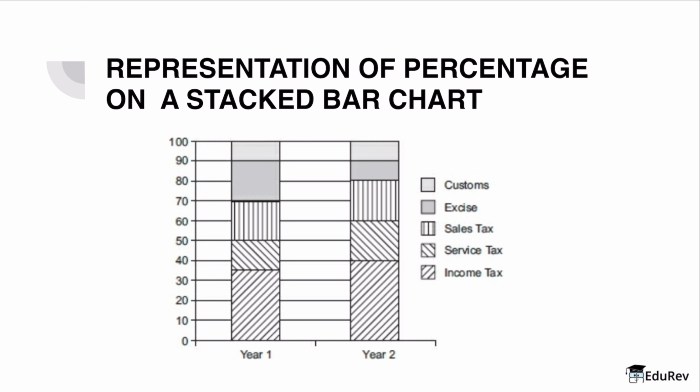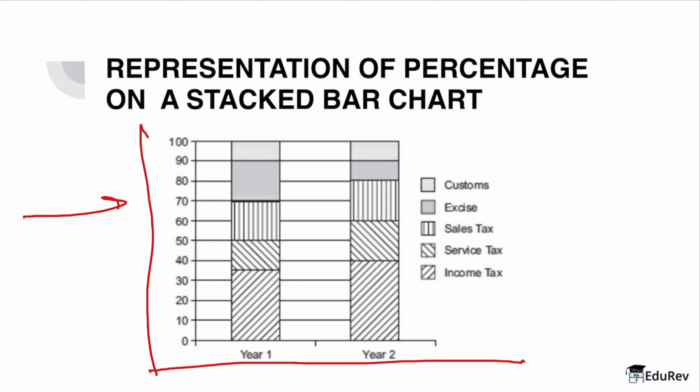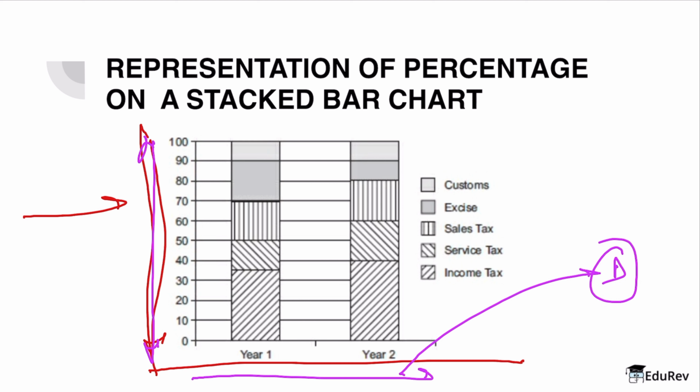Next is representation of percentage on a stacked bar chart. So this is a stacked bar chart, and we basically use percentages to show this. Now the thing is, the y-axis is a continuous one, whereas the x-axis is a discrete one. So C for continuous and D for discrete.